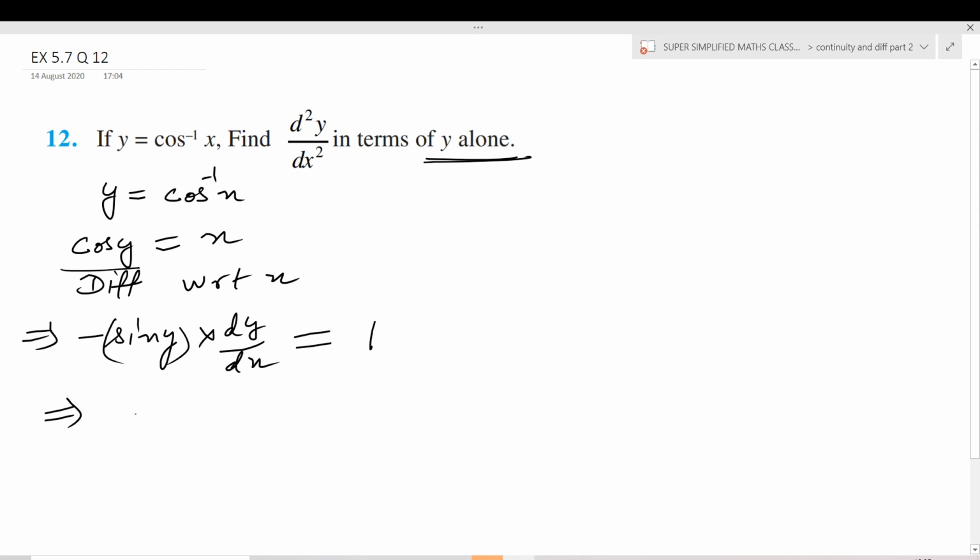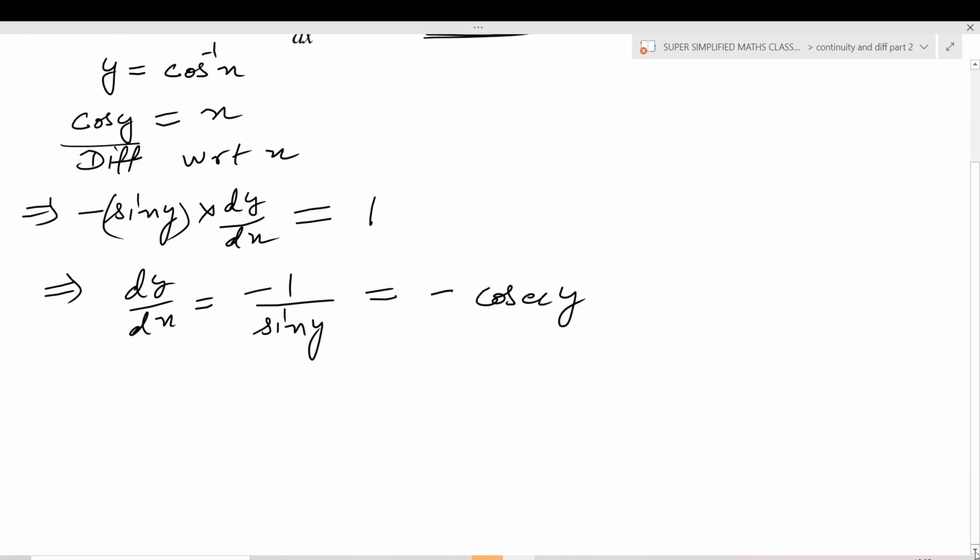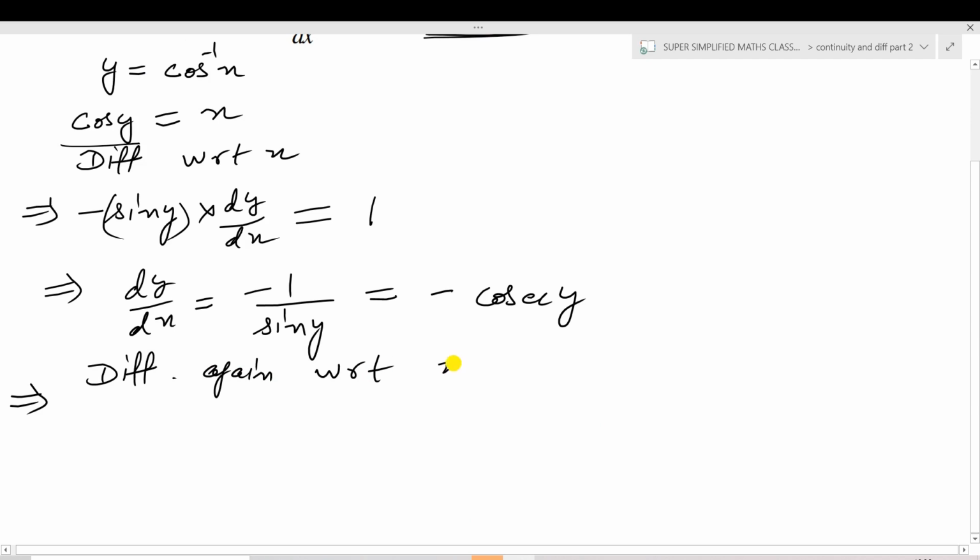So we get that dy by dx is equal to minus 1 upon sin y, which can be written as minus cosecant y. Now students, we have to differentiate it again with respect to x, since we have to find the second order derivative. So we find d by dx of dy by dx.